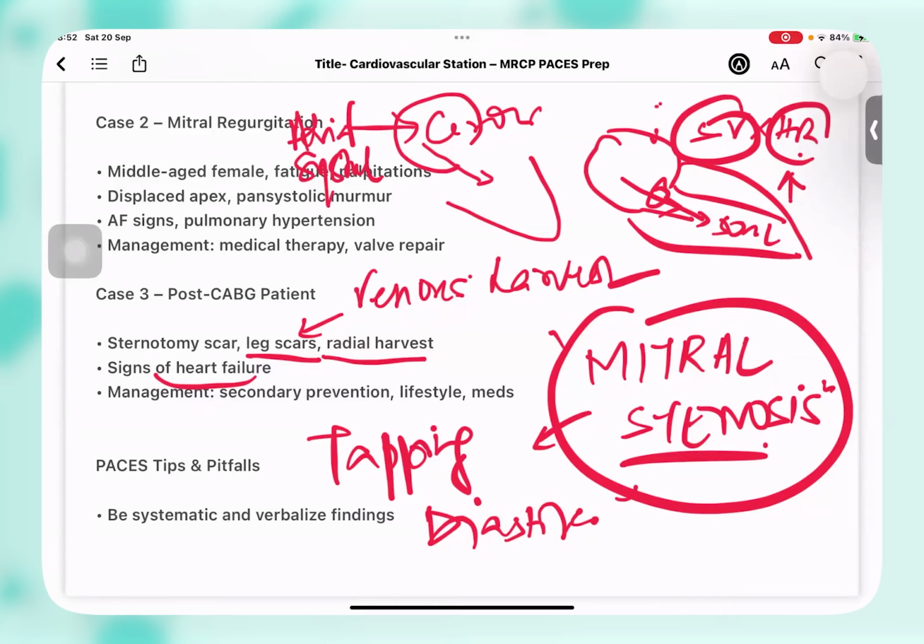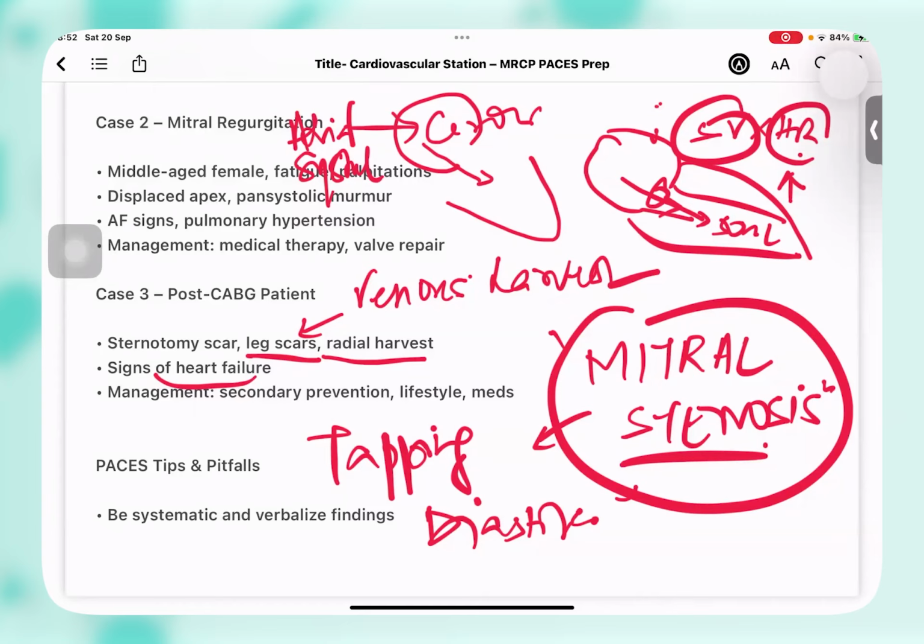And always remember, if the patient has a sinus rhythm, only then atrial systole will be there, or as you call it, pre-systolic accentuation will be there. If the patient is in atrial fibrillation, there will be no atrial systole, there will be no atrial kick, and there will be no pre-systolic accentuation.